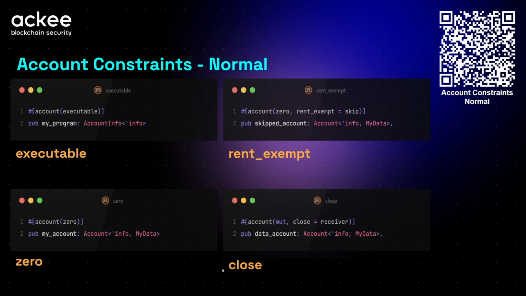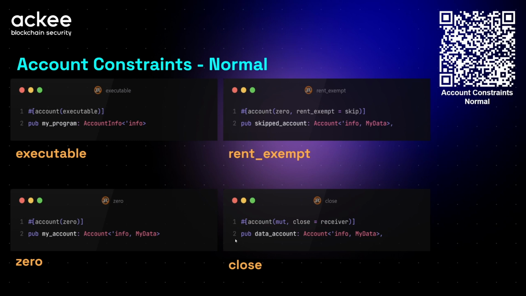And we have, this is not last because we have one remaining slide, but there is the close constraint, which will actually close the data account. I highly recommend using this constraint instead of closing accounts manually, because if you are closing accounts manually, there is also a security issue, I would say.